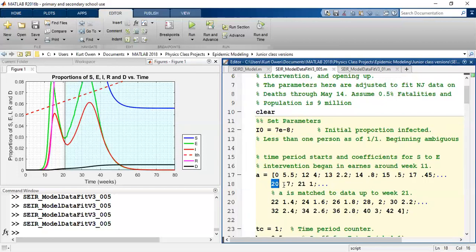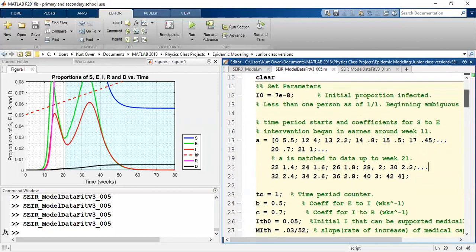By week 20 and 21, the A values are going up a little bit because we had begun to open up. Since we're opening up further and further, I am speculating that those A values will just continually creep up.